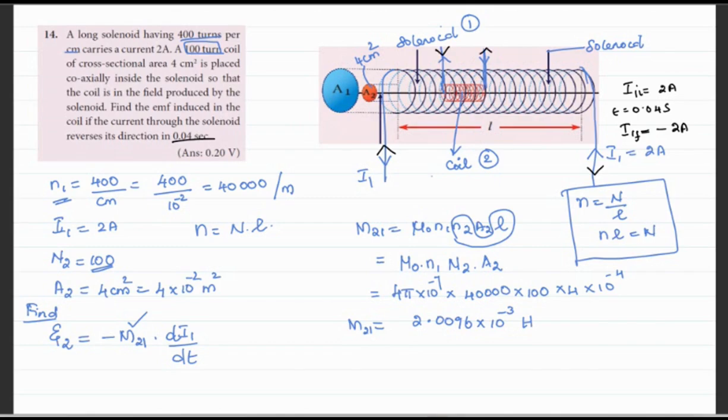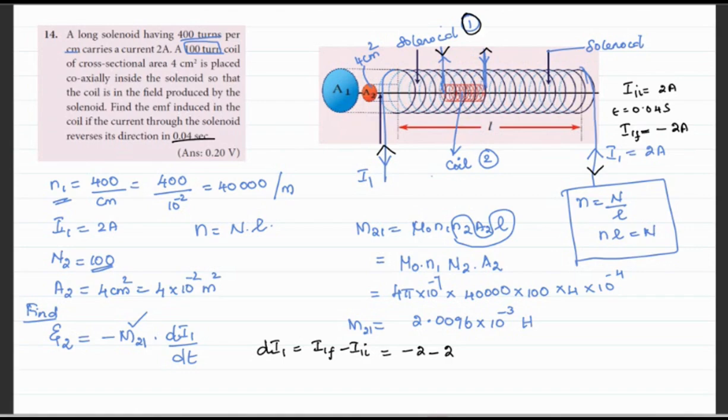So now what are we going to find? What is the change in current di1? di1 is I1 final minus I1 initial. Don't write I1 minus I2. I1 is the current flowing through the outer solenoid, which is taken as 1. So I1 final minus I1 initial. I1 final just changes direction, it becomes minus 2, minus initial which was 2.